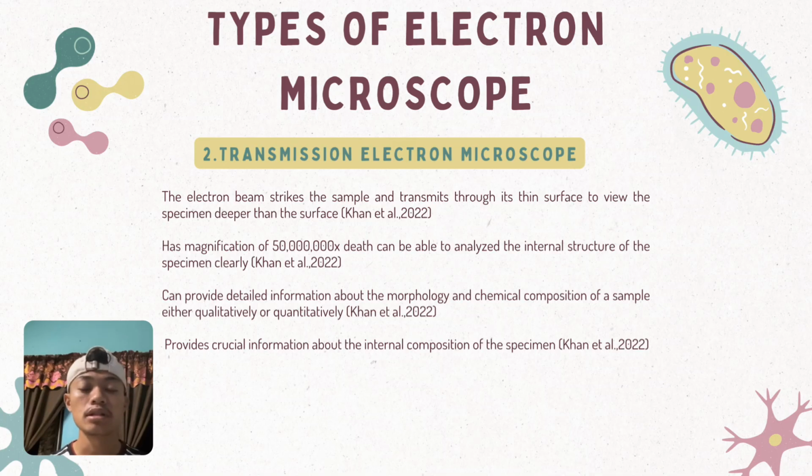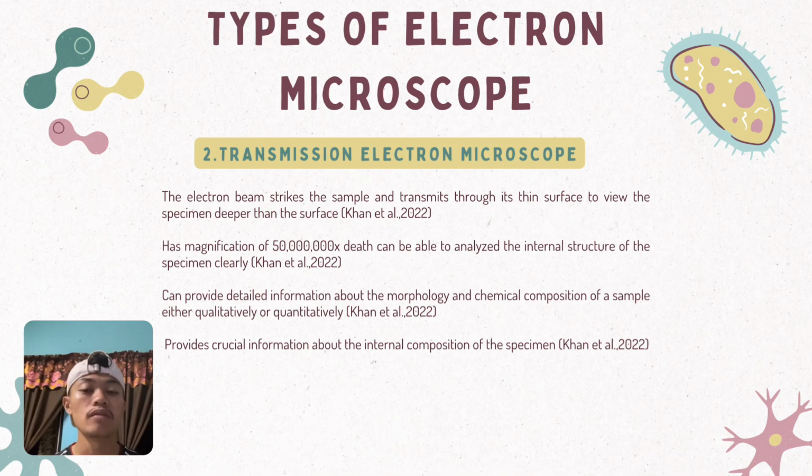My last part is I will explain the second type of electron microscope, the transmission electron microscope, or TEM. Unlike SEM, TEM allows electrons to pass through a very thin specimen. This enables scientists to observe the internal structure of the sample instead of only the surface.